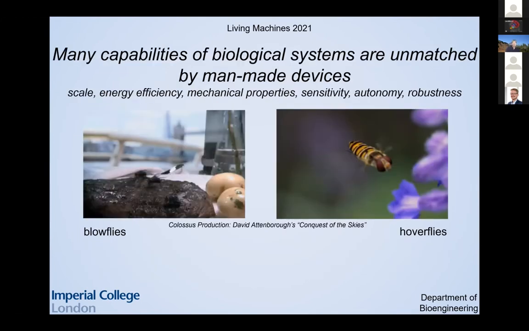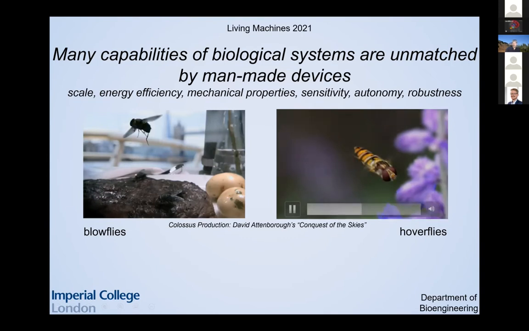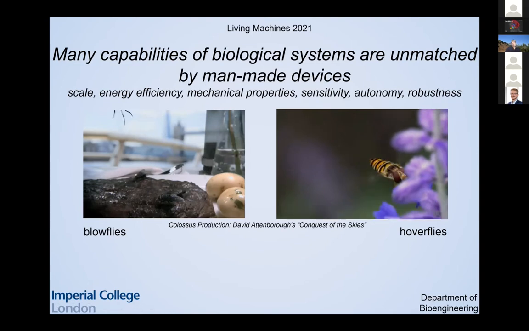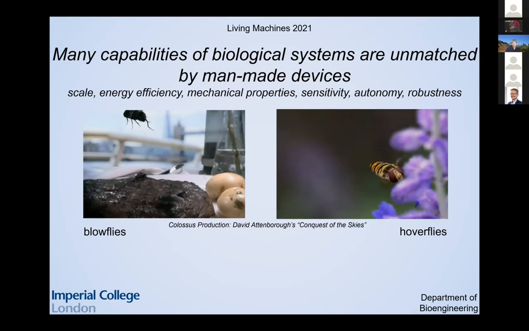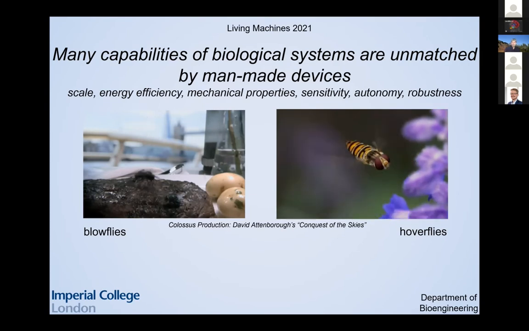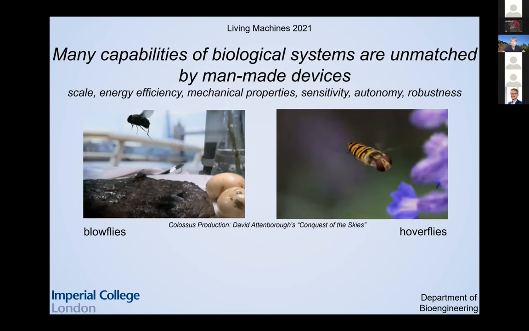Well, here is one of the reasons I can motivate why it's a good idea to look at flying insects. Look at the left-hand side, a video clip where you can actually see a blowfly in a roll maneuver just after taking off. And on the right-hand side, you see a nice little hoverfly very nicely maneuvering in front of a landing site of some flowers. The capabilities of biological systems are really unmatched by any man-made system.